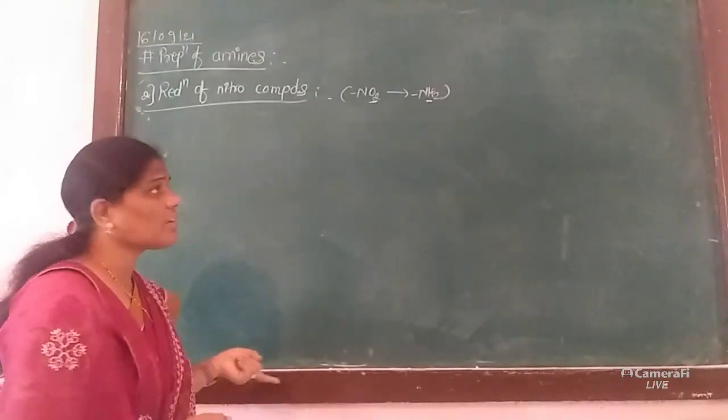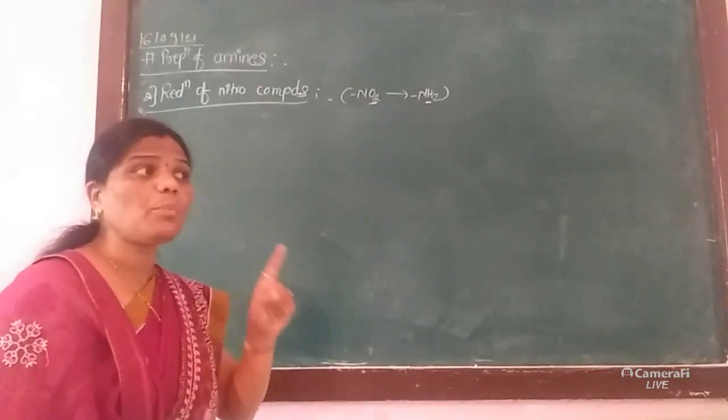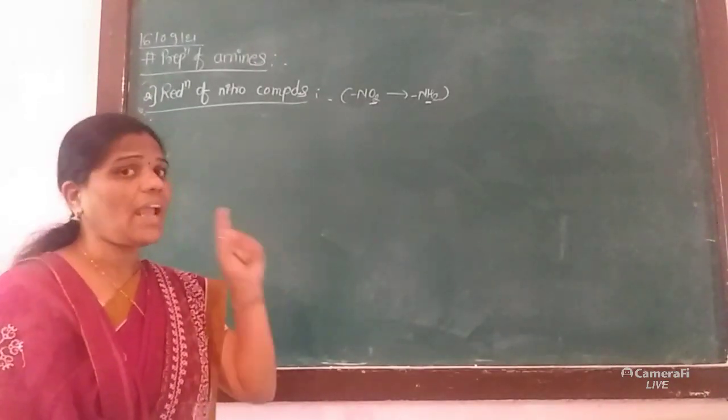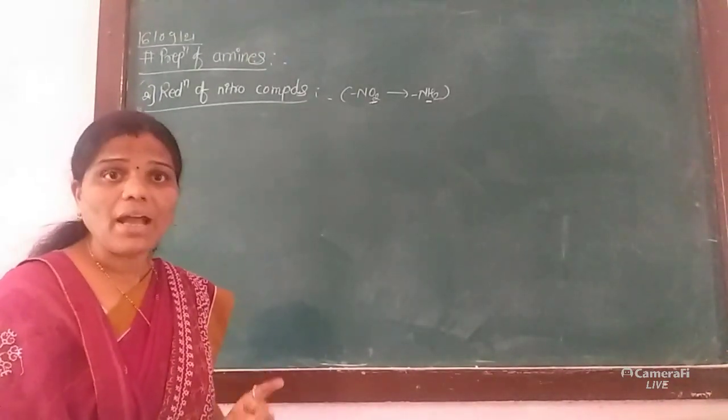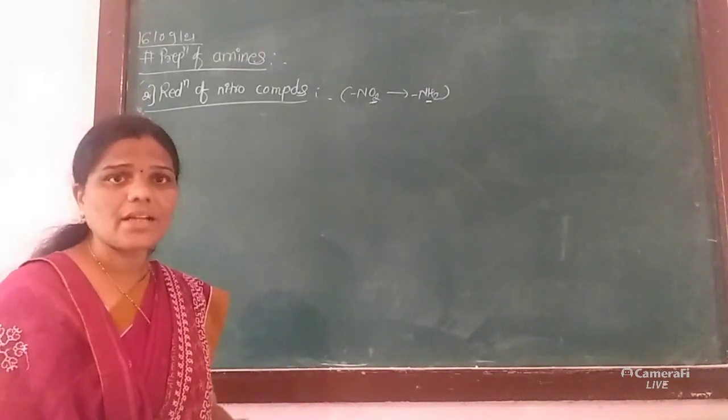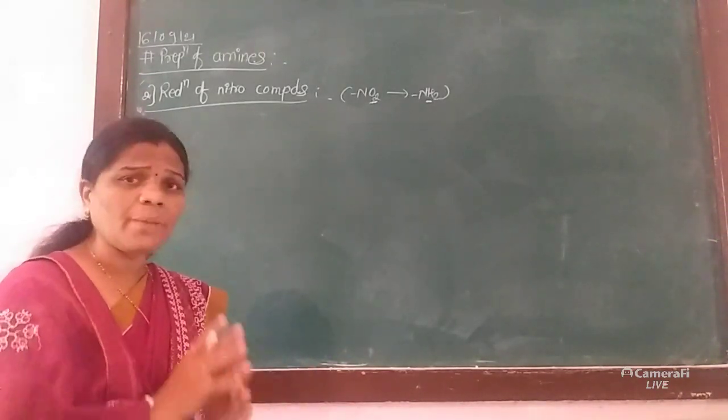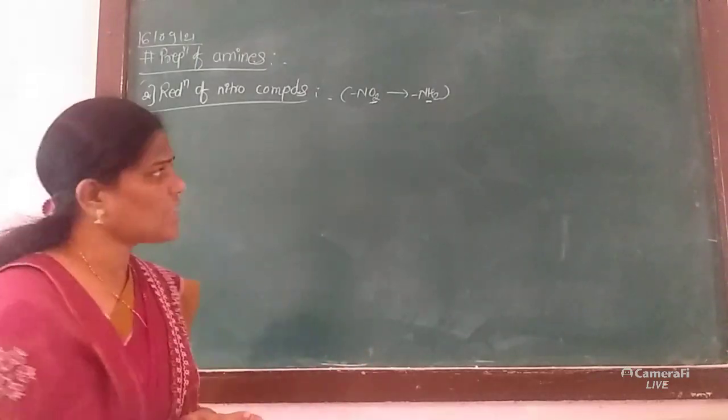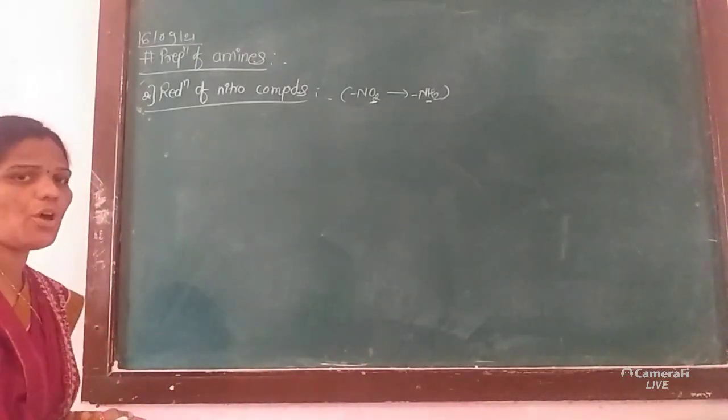So here NO2 converts into NH2, meaning the nitro group gives only and only primary amine. Is that clear? Here we do not obtain the secondary, tertiary or quaternary, only and only primary amine is obtained by the reduction of nitro compound.